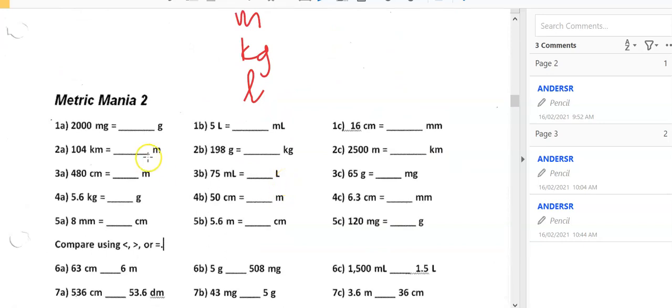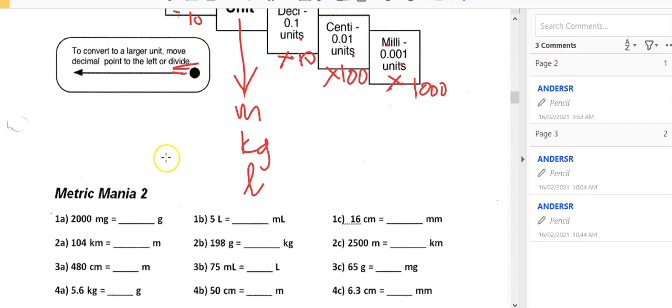For example, if we must convert 2,000 milligrams to grams, is that going from big to small? That's going from small to big. We're going from milligrams to grams. So that means we must divide by 1,000. So that's going to be 2 grams. Can you see that?